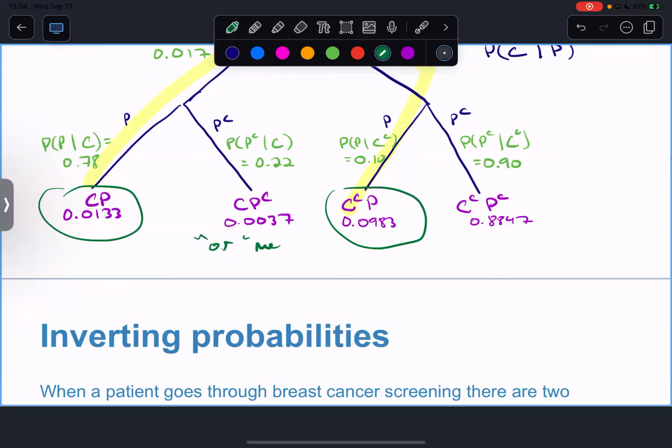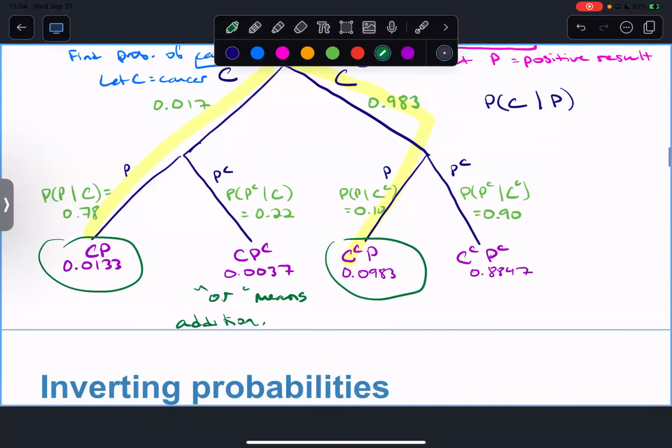Now, or means addition. That's how we find the probability of a positive result. Why do we need that? Well, if I rearrange this, then this is the same as the probability of C and P divided by the probability of P.